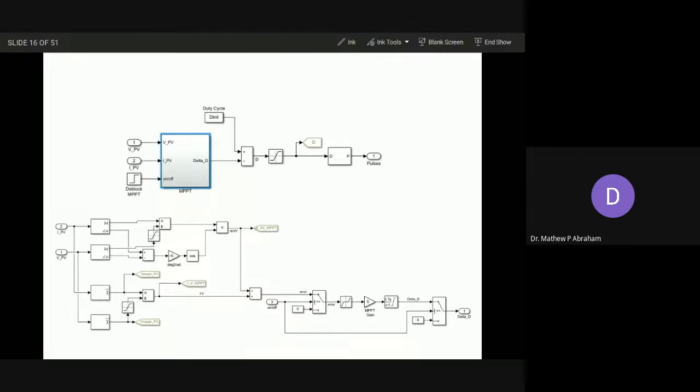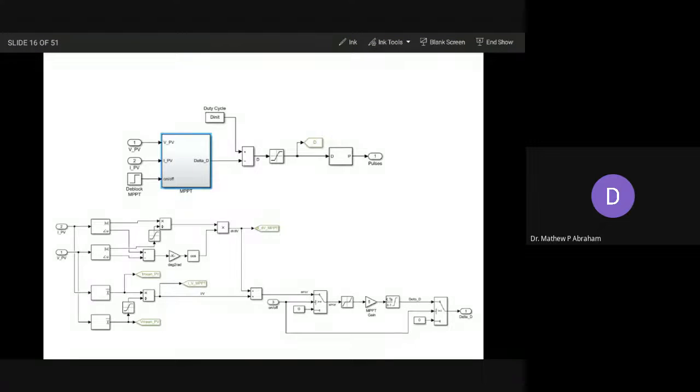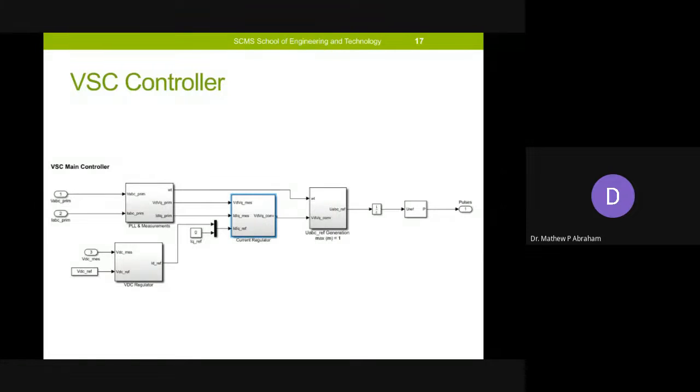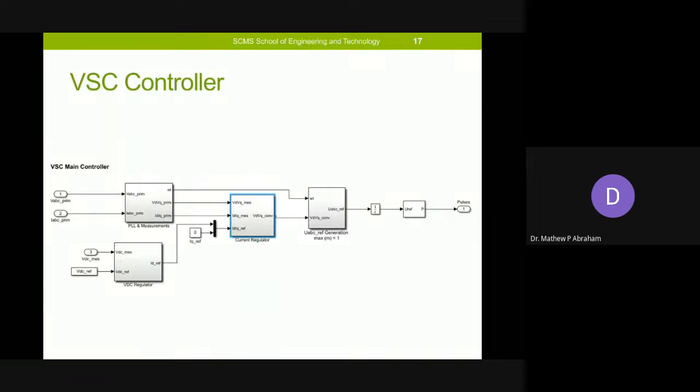There are several MPPT algorithms. It keeps track of the maximum power point. So these are the blocks involved in our VSC controller. In the VSC controller, all the PLL and other blocks come in.